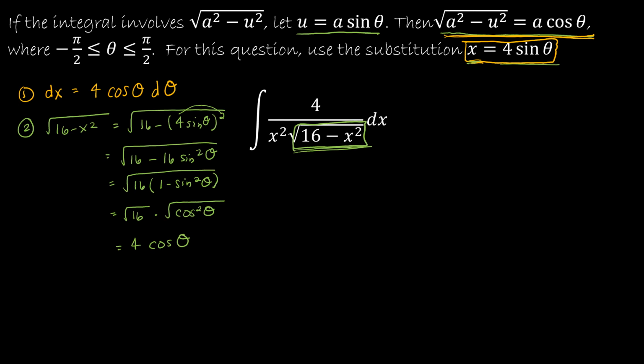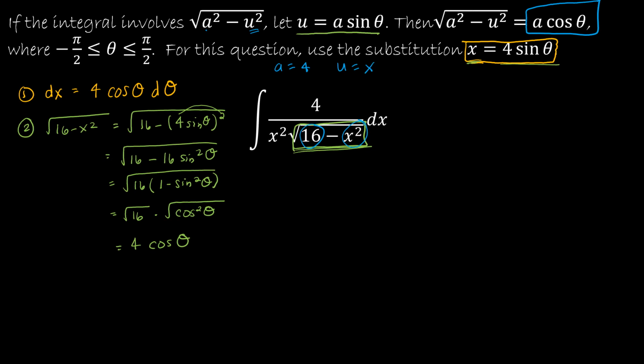So now I'm going to direct your attention back up here, where I said I'm already going to know the answer. If I look at this particular question, obviously A was the square root of 16, which is 4, and U was the square root of x squared, which is x.